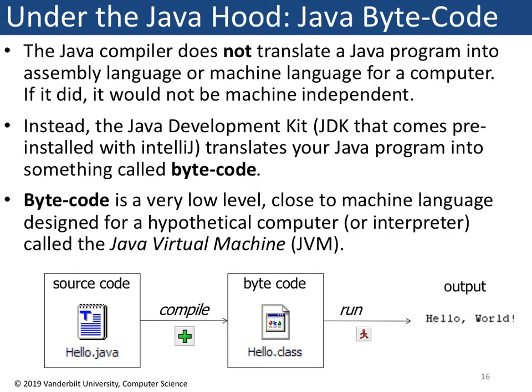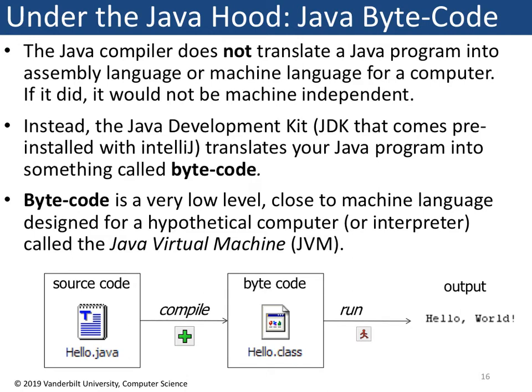When you install IntelliJ, IntelliJ comes with JDK built into it. The Java Development Kit will translate your program into something known as bytecode. So again, these are important keywords. Object code or object program refers to the code that is uniquely runnable on a specific processor.